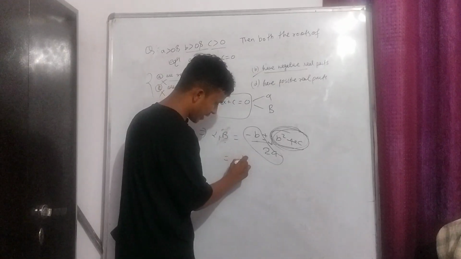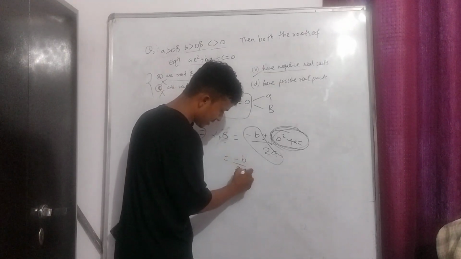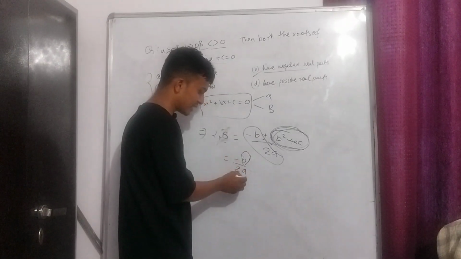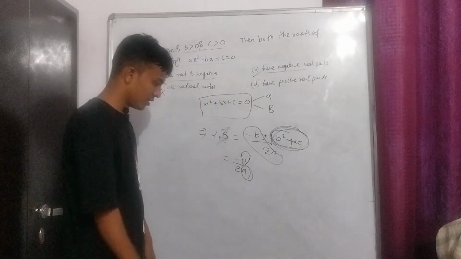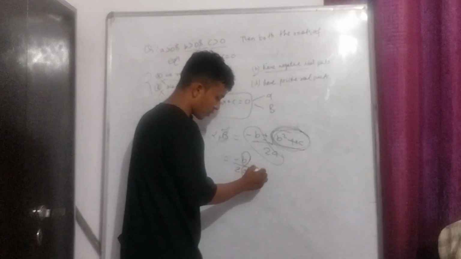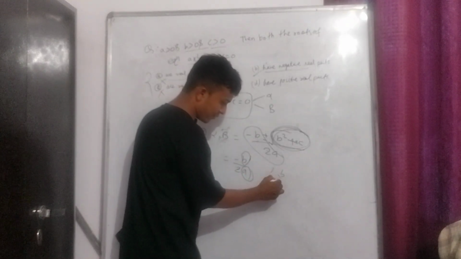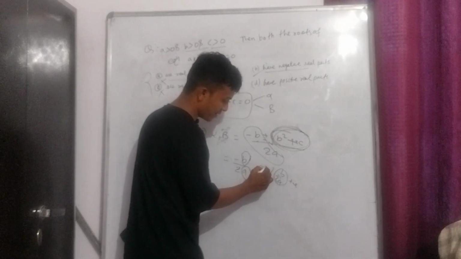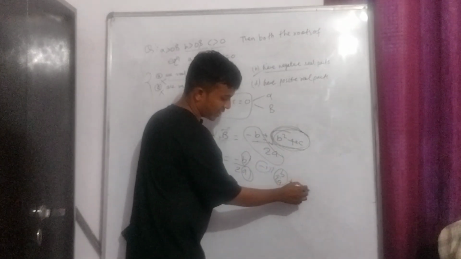Our real part is minus b by 2a. Will this be positive or negative? We know that b is greater than 0 and a is greater than 0. So b by 2a will be positive, and then it is multiplied by negative 1, so it will become smaller than 0.